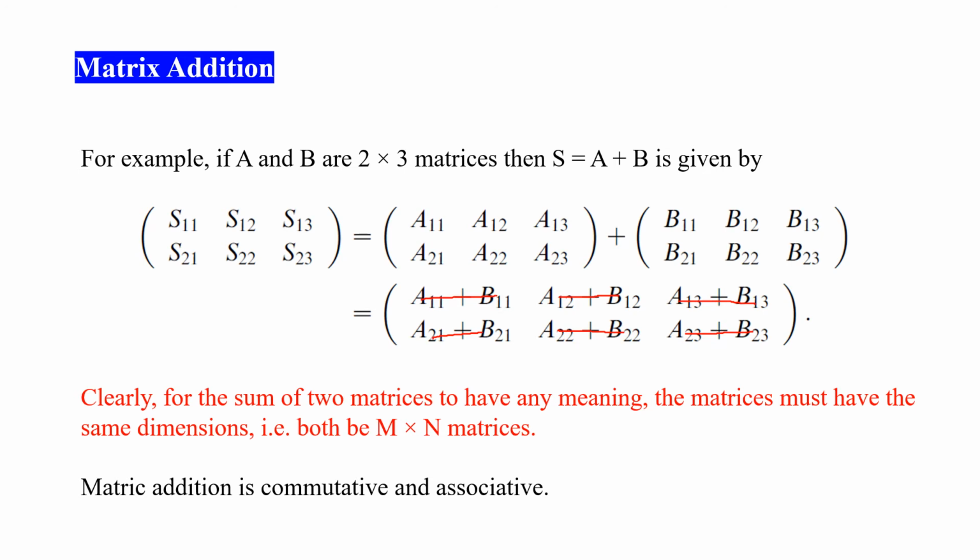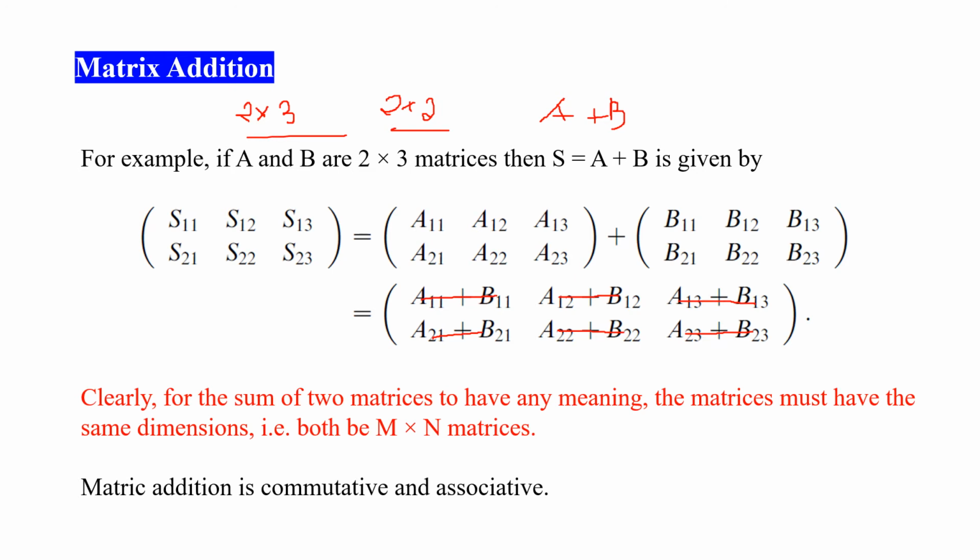If, for instance, your matrix A is 2 by 3, and your matrix B is 2 by 2, then A plus B will not be possible, because your A is 2 by 3 and your B is 2 by 2, and we said that for the sum of two matrices to have any meaning, the matrices must have the same dimensions.